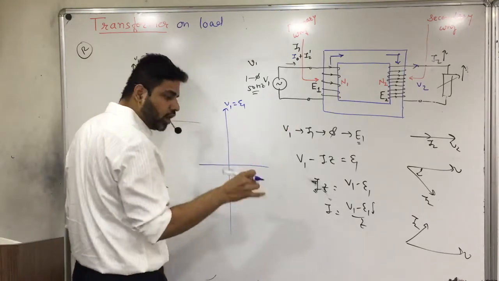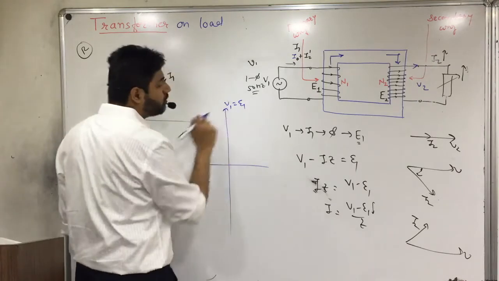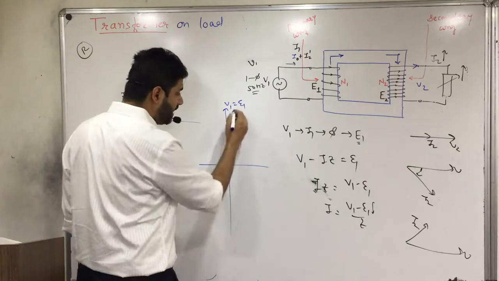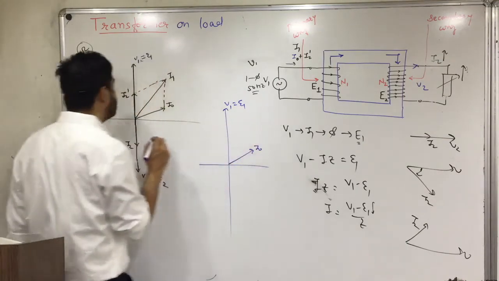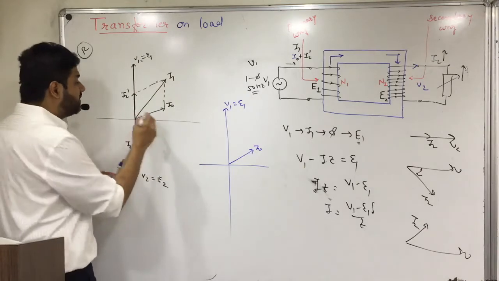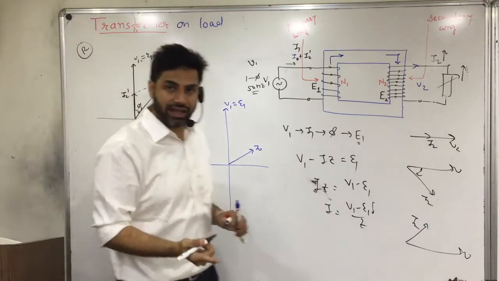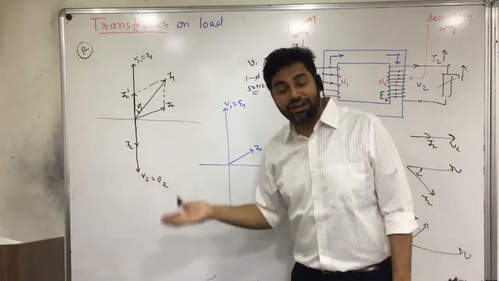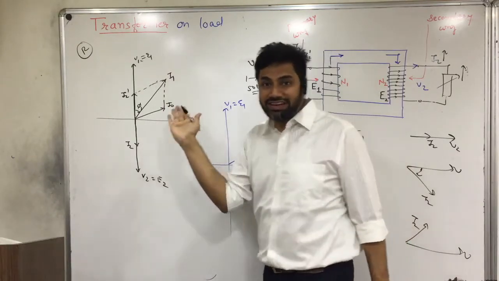Leakage inductance is not considered, and internal resistance is also not considered. So V1 is equal to E1. If my lagging load is there, this will become my I0, which is at phi 0. I0 is at phi 0, and this is my phi 1. So this is my input power factor angle. Fine. When my output is at unity power factor, my input is still lagging. Is it clear? My input is still lagging.